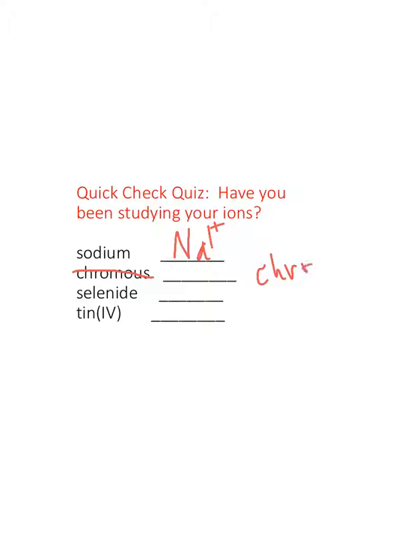It's chromium. Let's start this over. Chromium. Try this again. This little machine's not wanting to work with me. Chromium 2. So if I told you chromium 2, then you could easily tell me that it is Cr 2+.